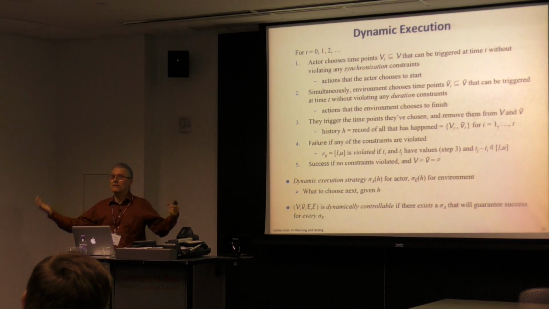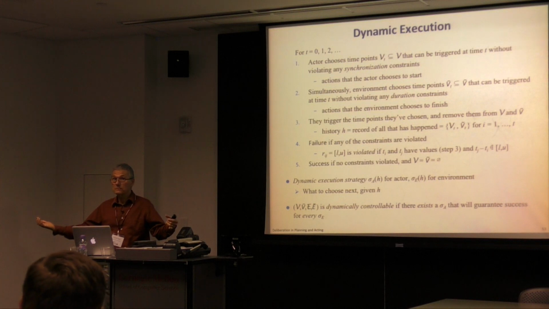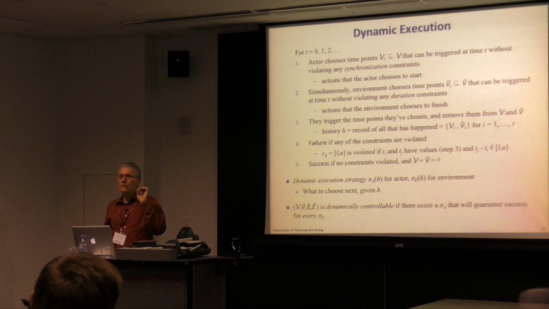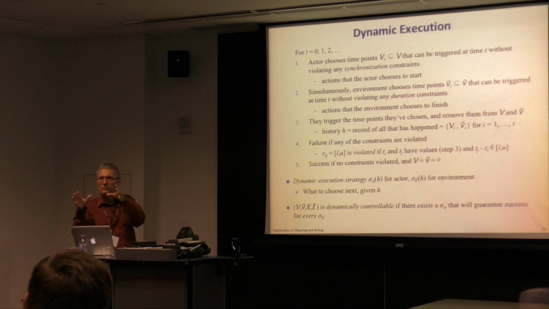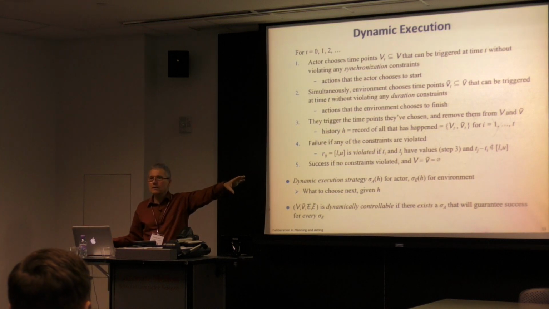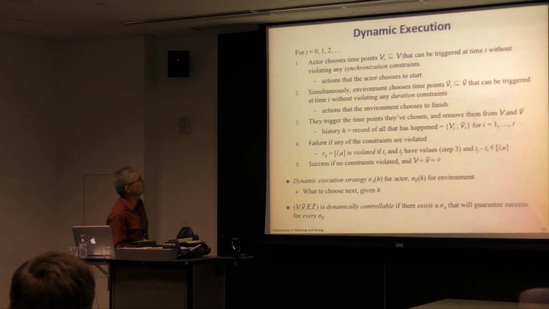And if that happens, then the environment wins. All right? So what we want is a strategy, which is basically a technique for choosing our moves based on what we've seen so far, that'll work regardless of what strategy the environment uses. That's the basic idea here.